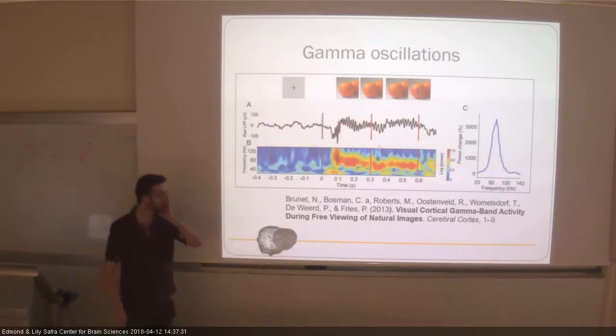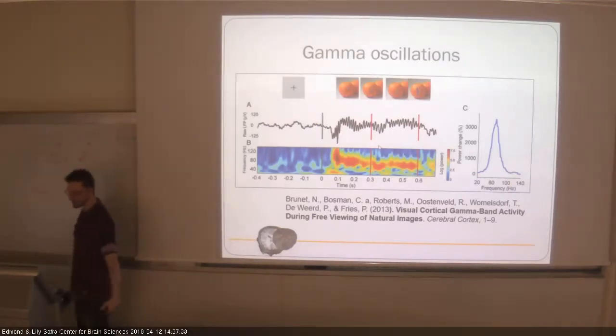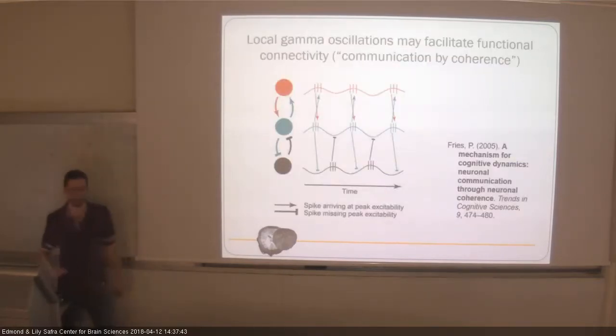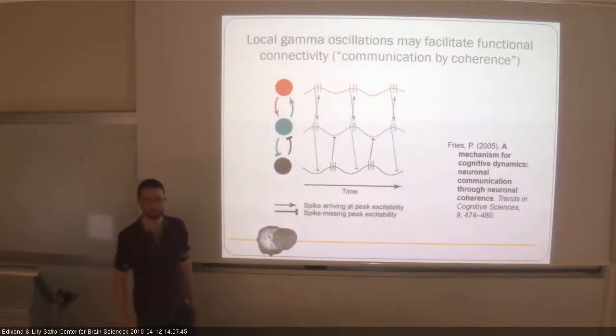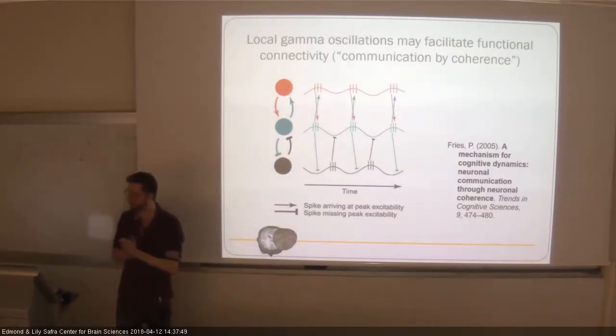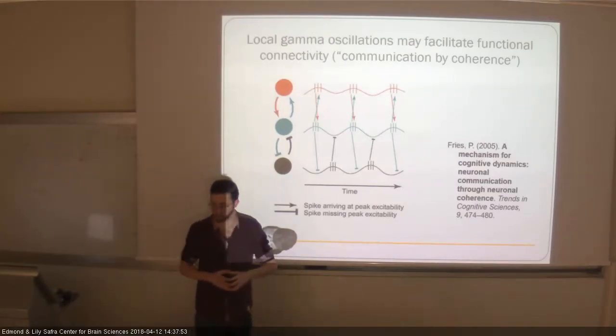Okay, so we know there's this phenomenon of gamma oscillation, and I think the hottest take on the gamma oscillations so far is a theory that links them to dynamic functional connectivity between areas of the brain.